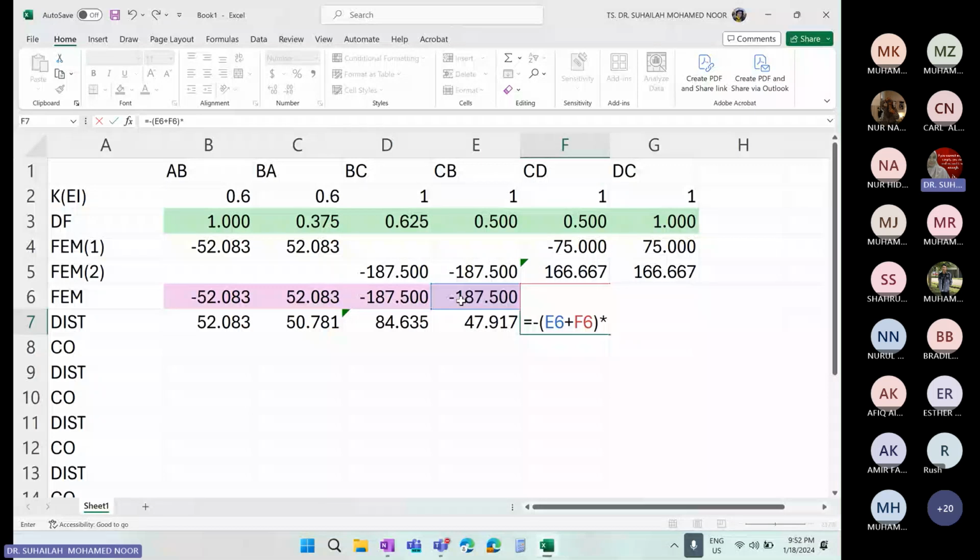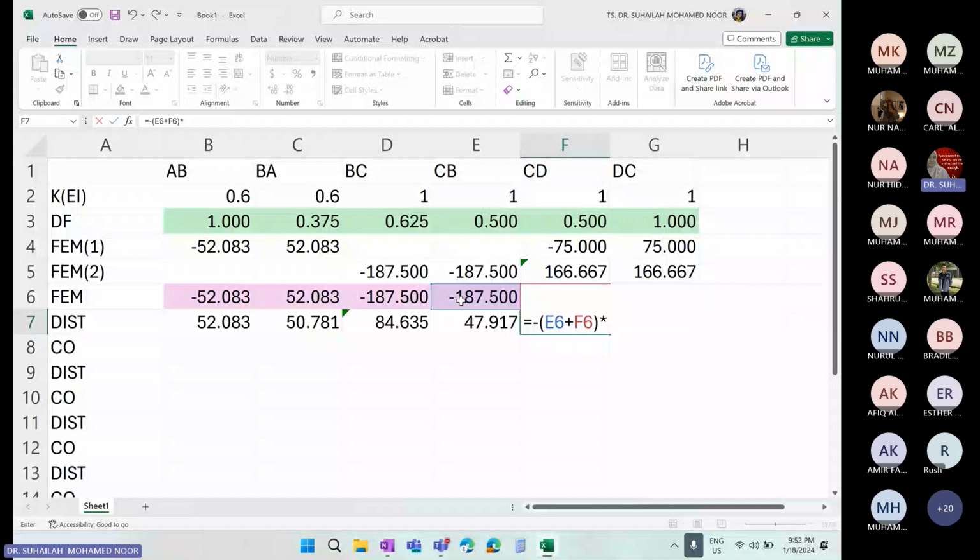For DC at joint D, it is 241 times 1, so we get negative, and 241 and negative 241 give 0.